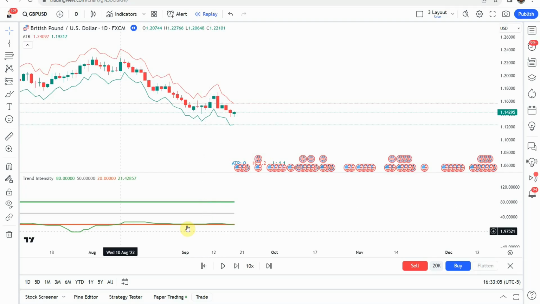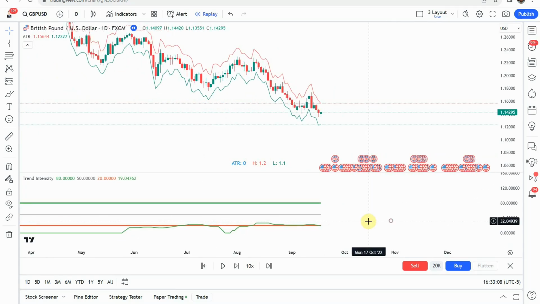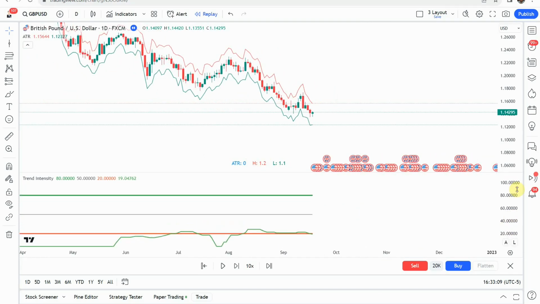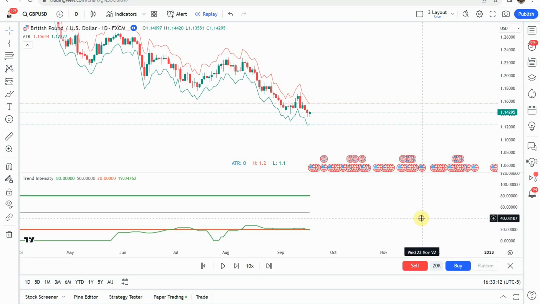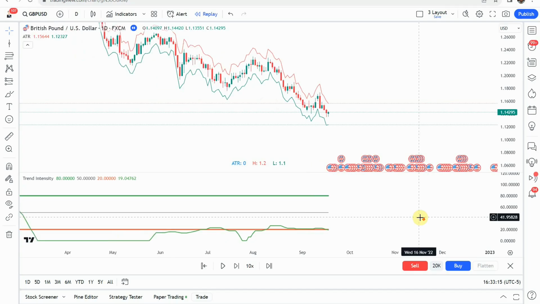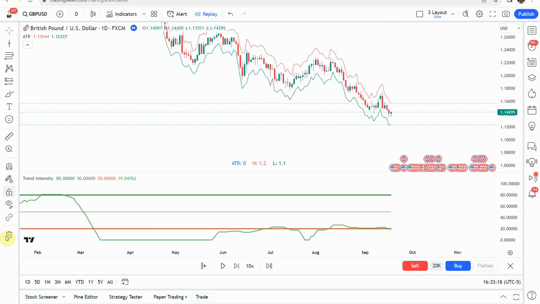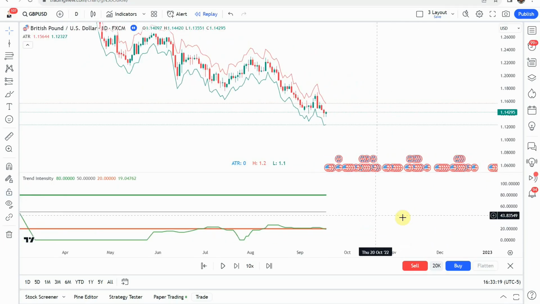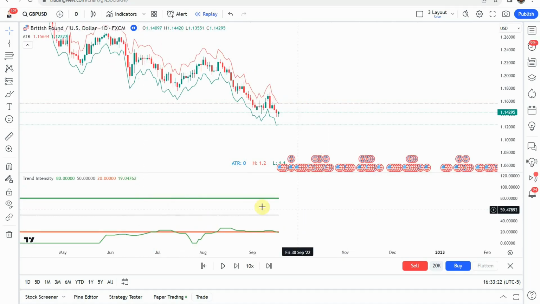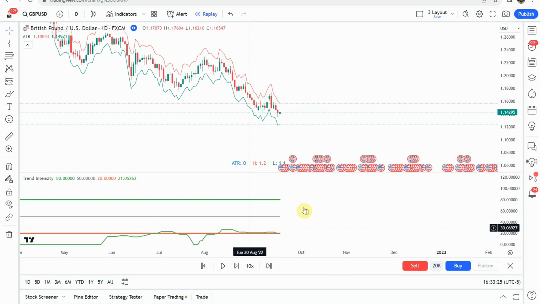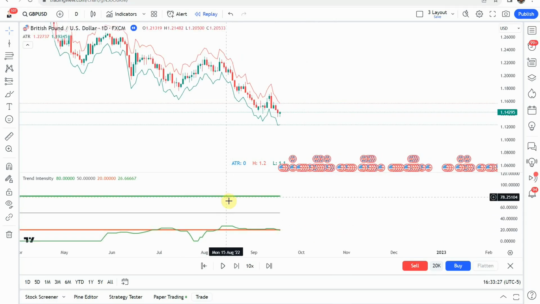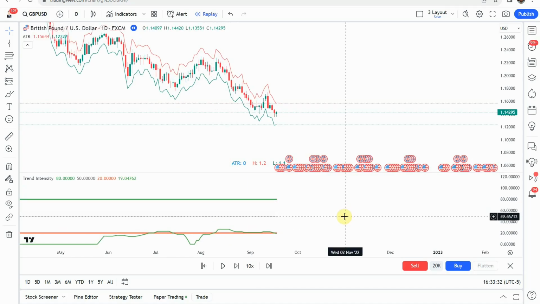So the trend intensity, like I said, you can see down here on the bottom of the screen, think of it loosely like an RSI, if you will, in that it has a main oscillating line. It then has a zero line and a top green line and a bottom red line.